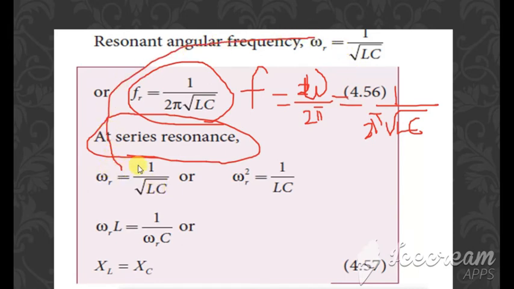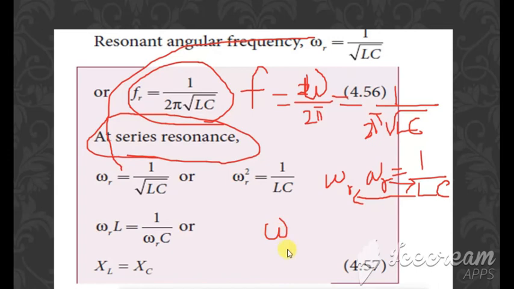Now squaring on both sides, so that the square root gets cancelled. This can be written as omega r into omega r, because if you multiply this you will get the square. So omega r into omega r is equal to 1 by L into C. Now bring this L here and omega I am bringing down.